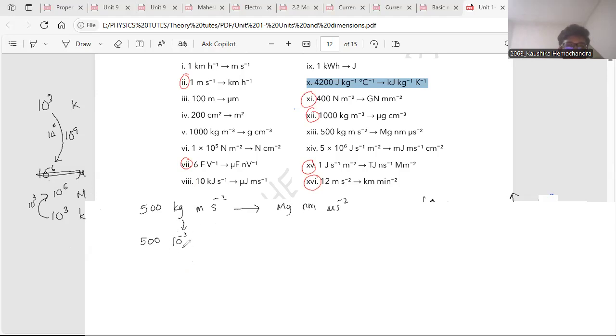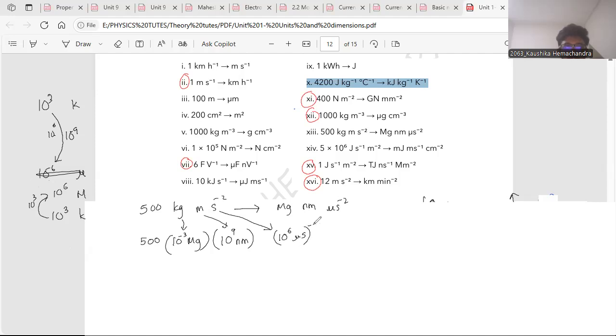So multiply by 10 to the power minus 3 megagrams. Meters to nanometers: nanometer is a small quantity, so there are lots of nanometers in a meter. So 10 to the power 9 nanometers in 1 meter. And second to microsecond: in 1 second, there are 10 to the power 6 microseconds.